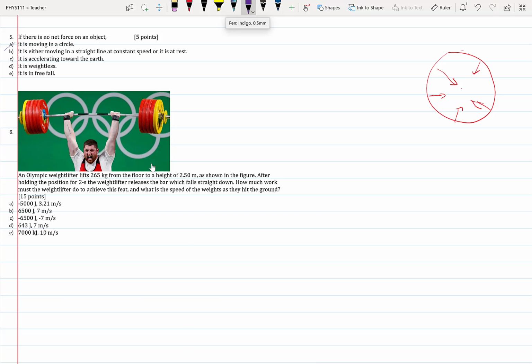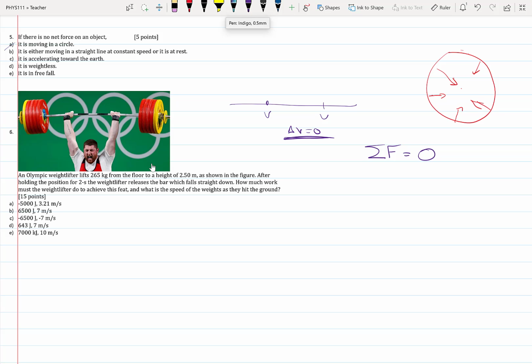Okay, it is either moving in a straight line at a constant speed, so the v over here is not changing. If v is not changing, then delta v is equal to 0 for this object, right? And we could look at Newton's law. The sum of the forces equals, on the right-hand side, what's happening to it? Well, the speed is not changing, so nothing is changing in terms of acceleration at all.